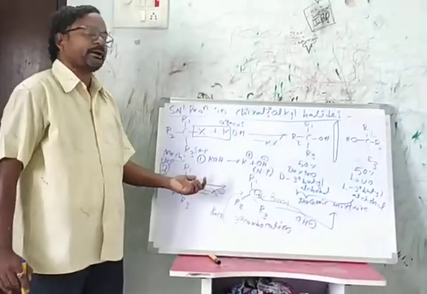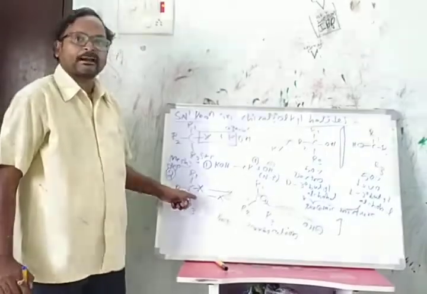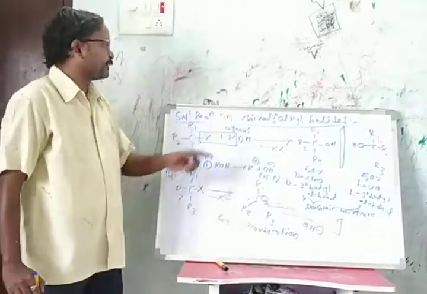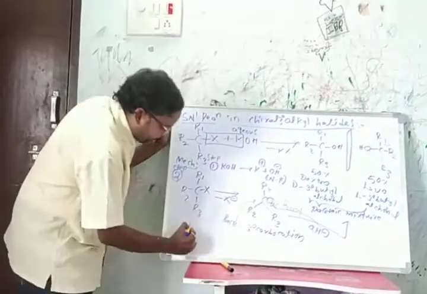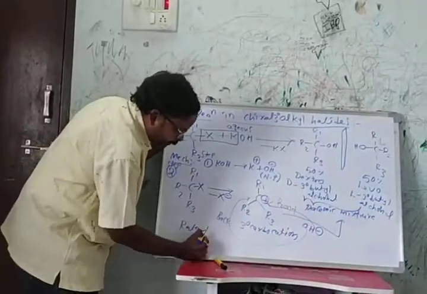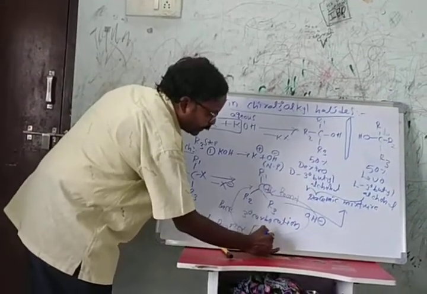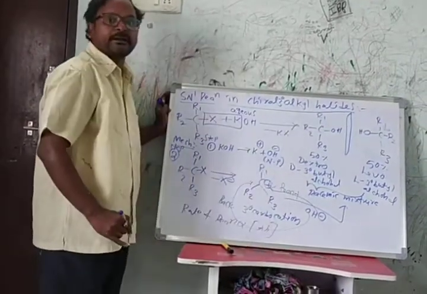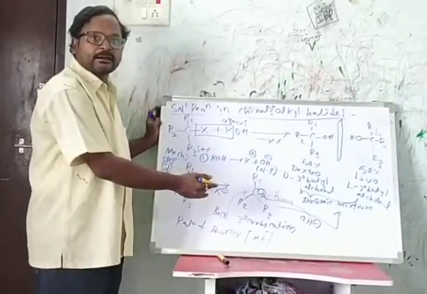Here also the rate of the reaction depends on the concentration of the tertiary alkyl halide. So this is called the SN1 reaction. Rate of reaction is directly proportional to the concentration of tertiary alkyl halide. Why does it depend on the concentration of the tertiary alkyl halide?